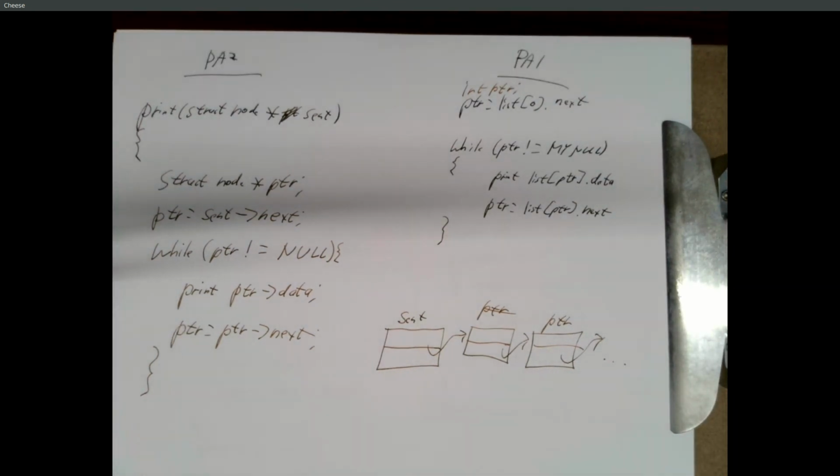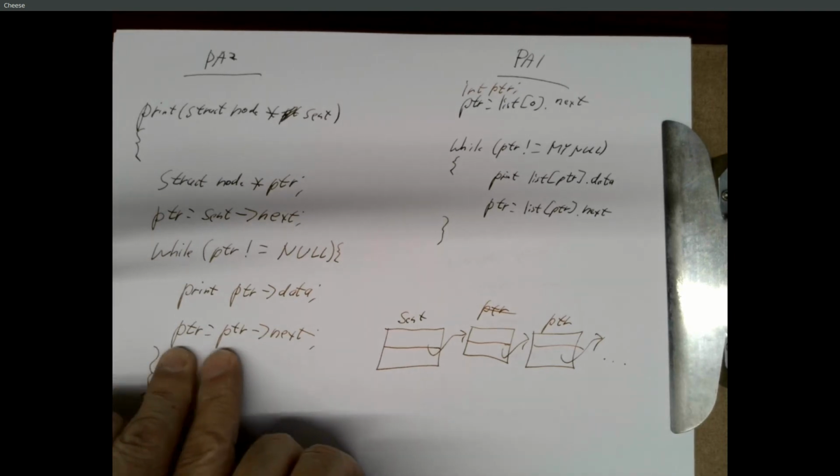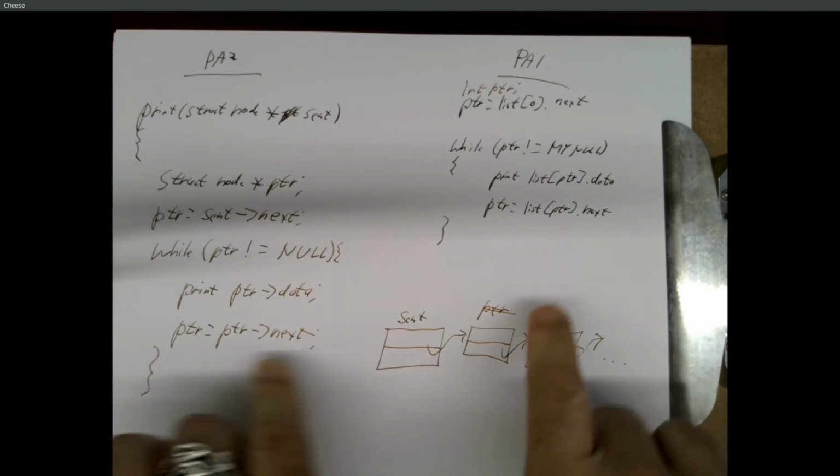So I don't want you to mechanically just translate PA1 into PA2, even though that can be done. If you wrote PA1 strictly the way it was specified, you can actually go through and do a global replace in VI and change PA1 into PA2. But I don't want you to do that. But I'd like you to be thinking about that process while you're writing PA2. Be thinking about how what you're writing relates to what you wrote in PA1. The fact that this is moving you down the list just like this did.